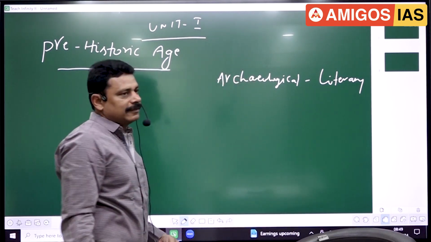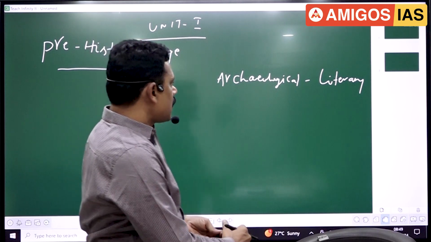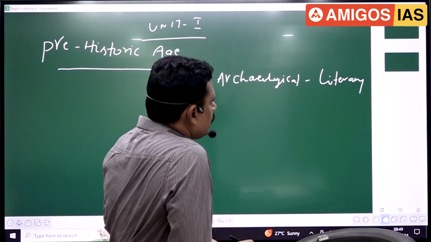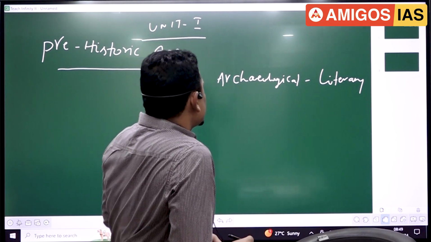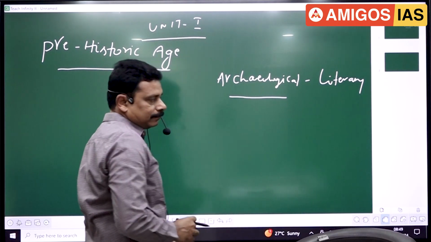For the purpose of studying history, scholars and historians used to depend on these two kinds of sources. Archaeological sources are the sources left by the people.